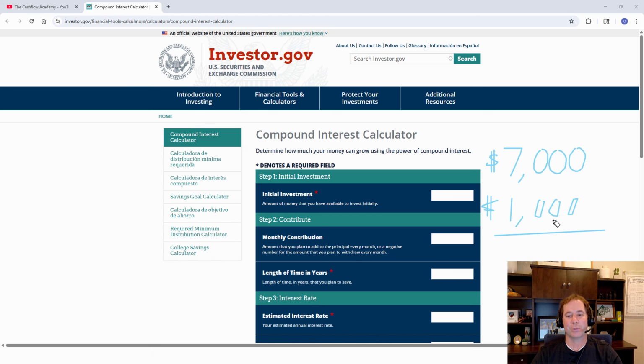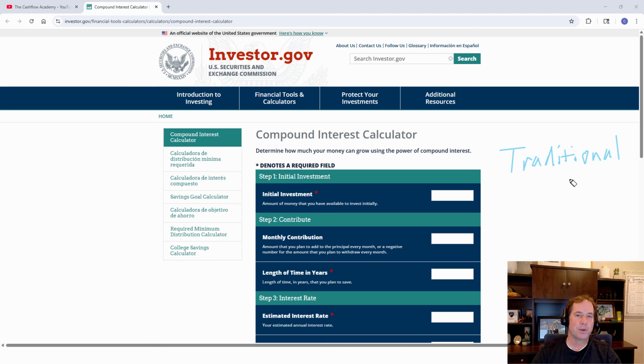How is that done? Well, there are no income limitations for funding a traditional IRA. The problem, as we talked about, is that you're going to have to pay taxes on all that as it compounds, so you want to get that moved over. You can contribute to your traditional IRA, and then you can convert that traditional IRA into a Roth IRA.